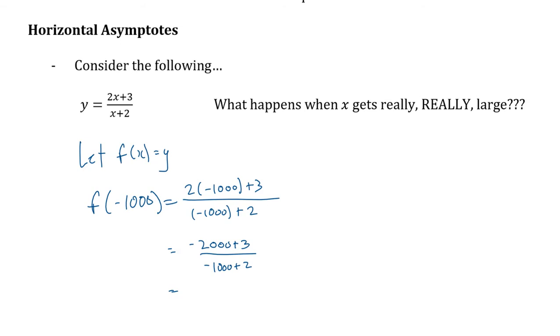We could have chosen a bigger value for x. So this is going to be about negative 2,000 over about negative 1,000, right? Well, what if we went bigger? What if we went up to negative 1 million? That'd be about negative 2 million over about negative 1 million. Like, do the 3 and the 2 really matter that much?